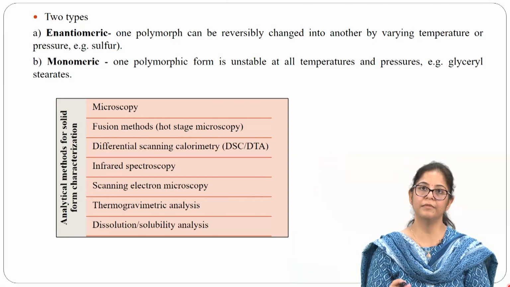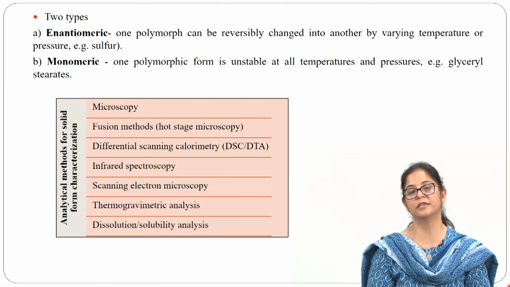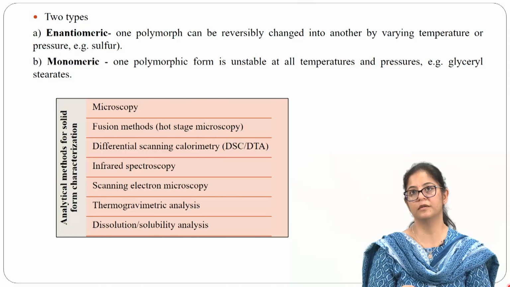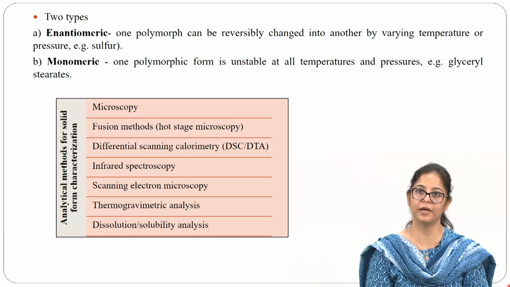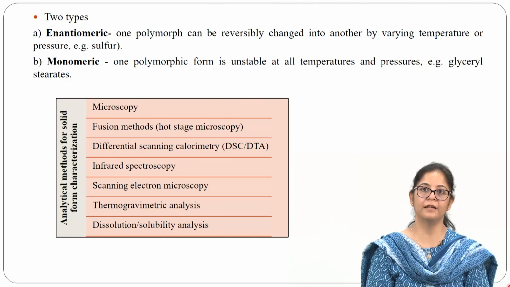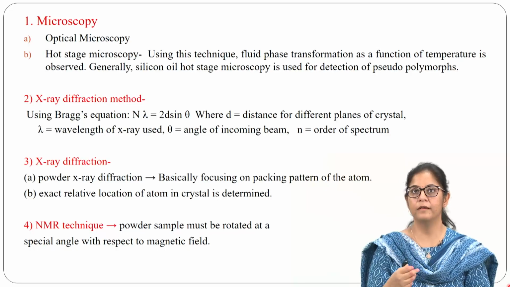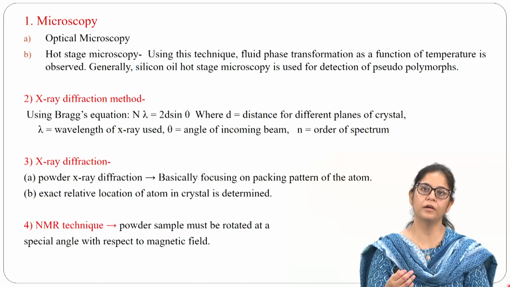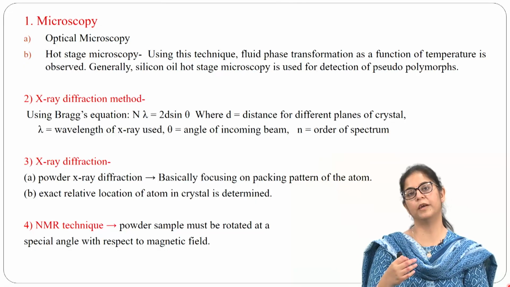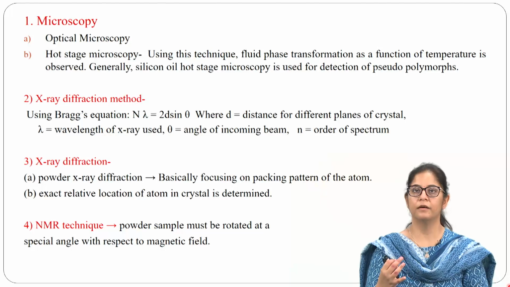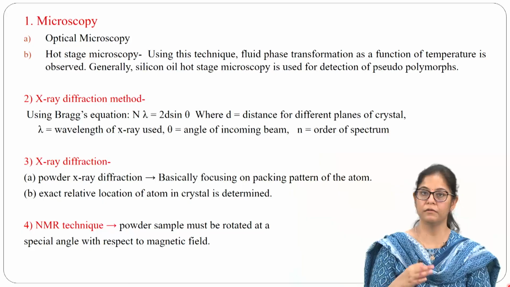So, the analytical methods which can be used for solid form characterization are microscopy, fusion methods, differential scanning calorimetry, infrared spectroscopy, scanning electron microscopy, thermogravimetric analysis, and dissolution and solubility analysis. Now, microscopy is a technique using a microscope. So, we can use an optical microscope which is based on light, and based on that you can study the structure of the compound.